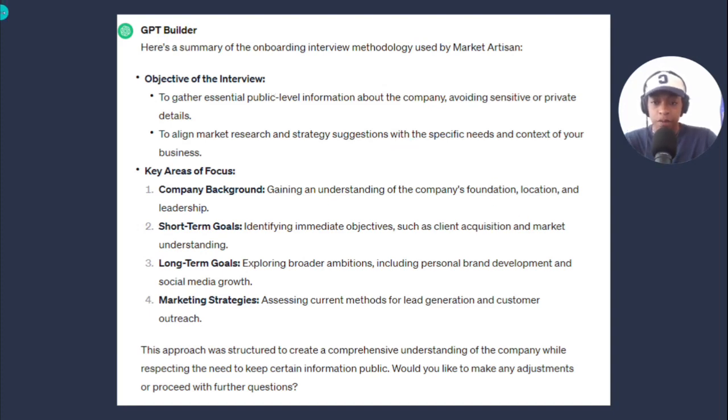Key areas of focus were company background, short-term goals, long-term goals, and marketing strategies. This approach was structured to create a comprehensive understanding of the company while respecting the need to keep certain information public. Would you like to make any adjustments or proceed with further questions?